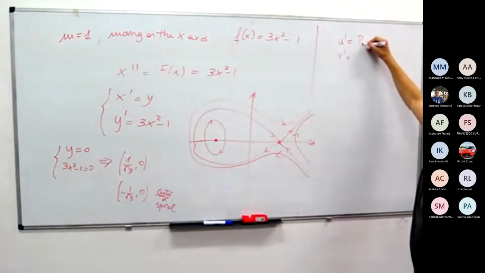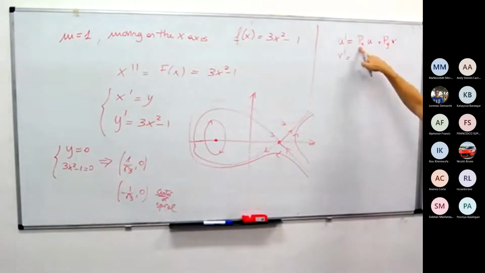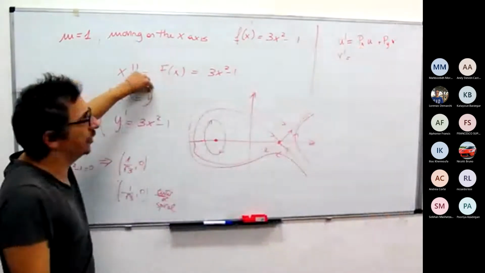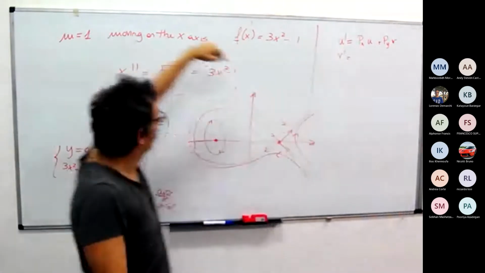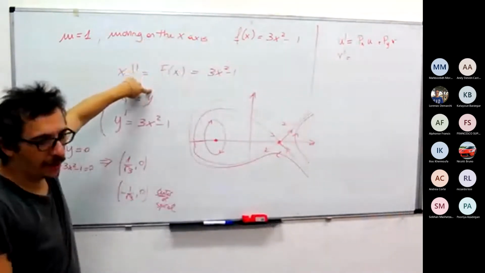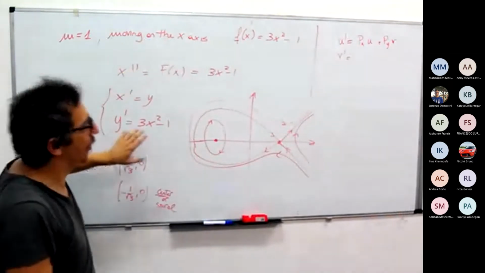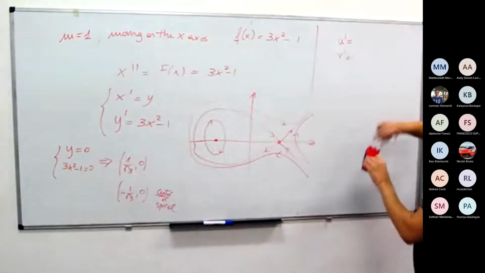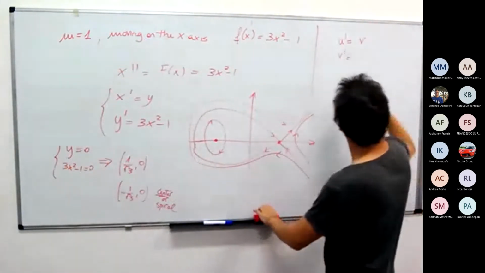Here I should have Px times u plus Py times v. Px is the derivative of this function with respect to x, which is 0. Py is the derivative of this with respect to y, which is 1, evaluated in this critical point is 1. So here on the right hand side, I have 1 times v, which is v.